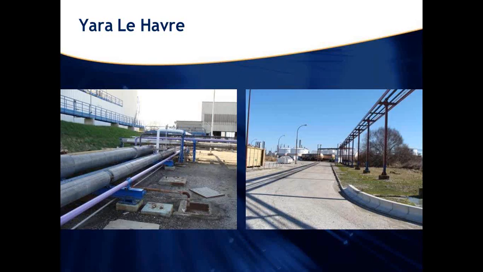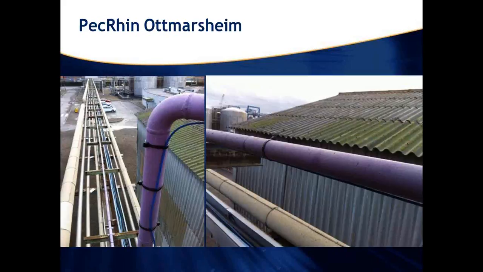Here are some other examples of ammonia pipelines in plants. So you can see they can be above ground or close to the ground. And so typically the cable covers the whole length of the ammonia pipe in a given plant. And finally, here's an example on a smaller pipe in a vertical section and a horizontal section.